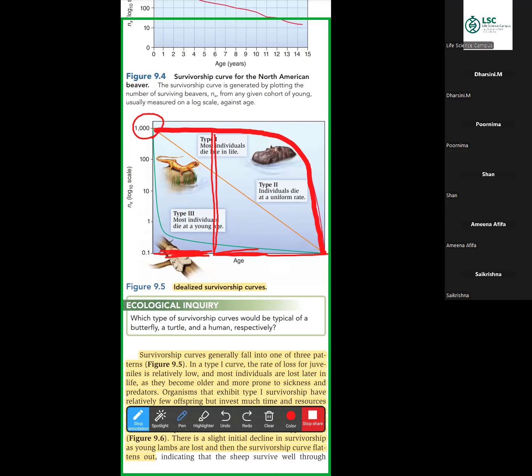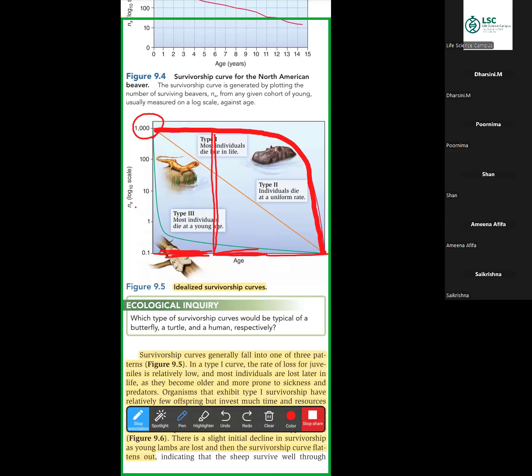So it says that the rate of juvenile death is very low in the case of the type 1 survivorship curve. Juvenile means young ones, so the death of young individuals is very low.